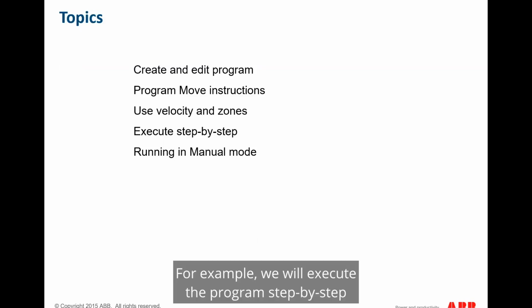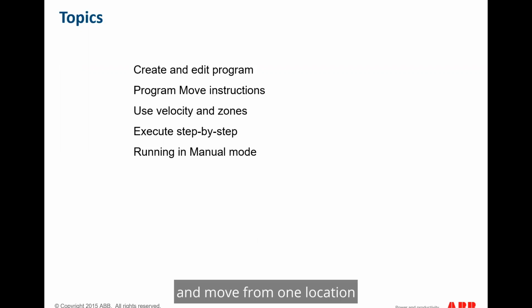For example, we will execute the program step by step and move from one location to another location. And in the end of this program, we can run the ABB robot program using manual mode.